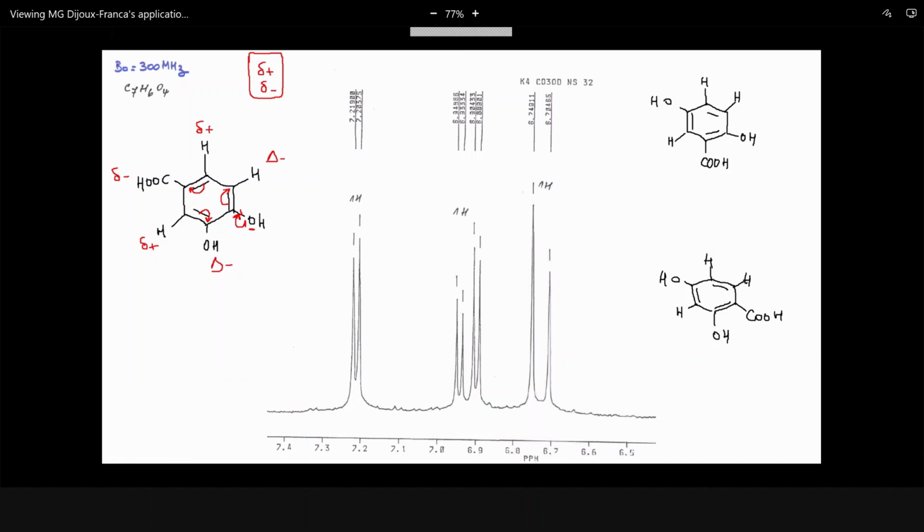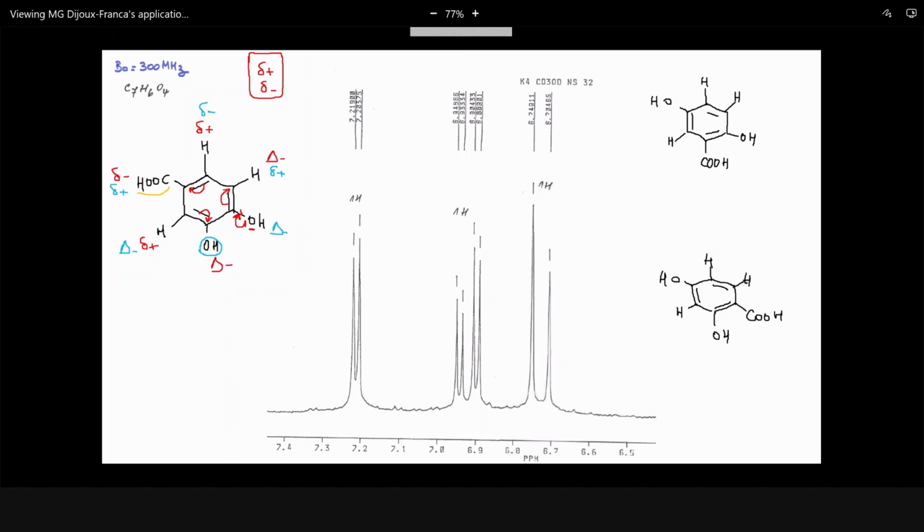So for this hydroxyl group, I can draw the same things. Delta minus in ortho and in para, but delta plus in meta position. And for the carboxyl group, let's say it's in orange.